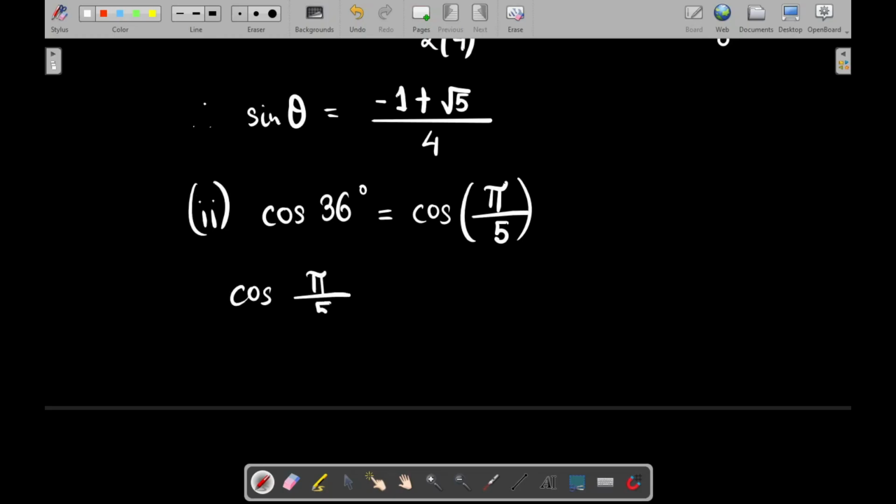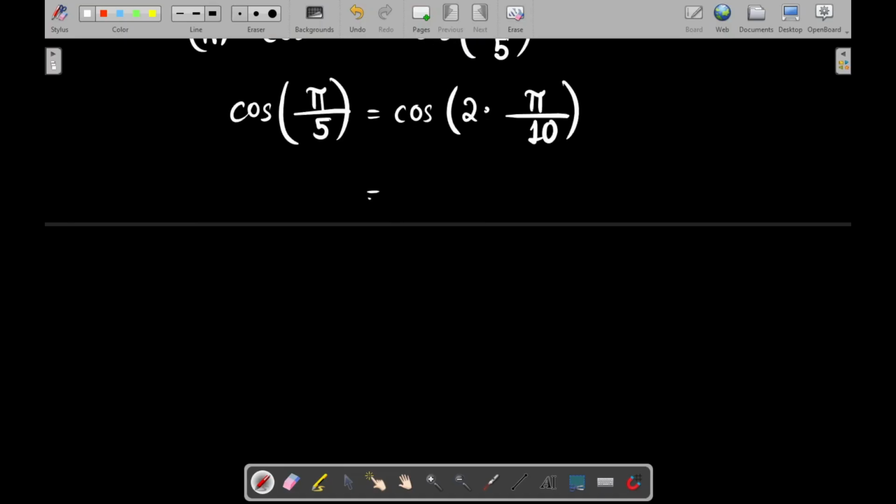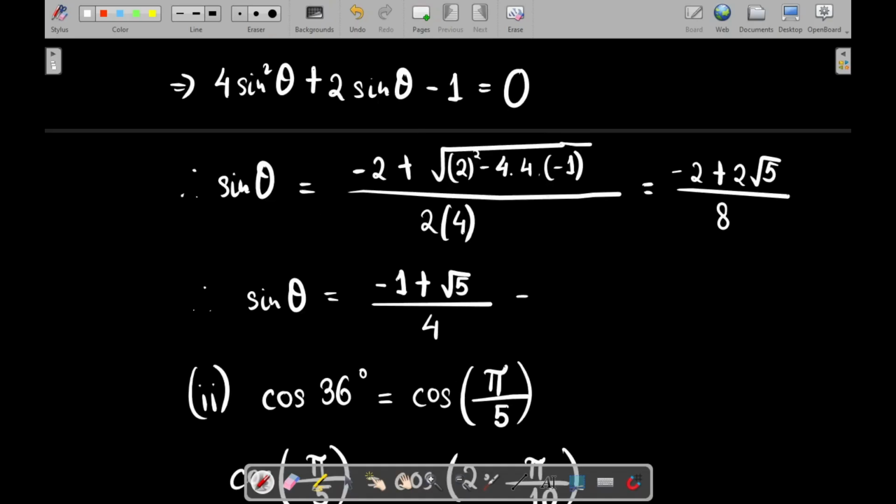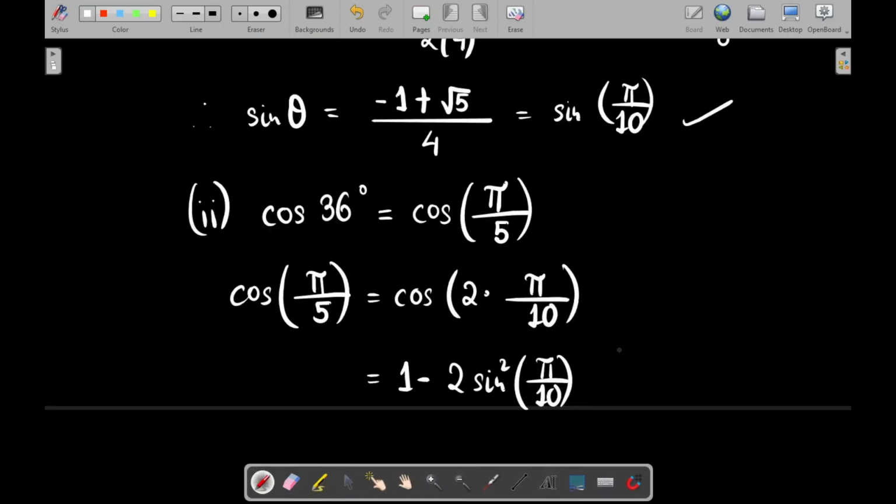This is nothing but cos of 2 times pi upon 10. 36 degree is 2 times 18 degree, so this is cos 2 theta. Now cos 2 theta can be written as 1 minus 2 sine square theta, and we already know this value, sine pi upon 10. So we can use this value here directly.